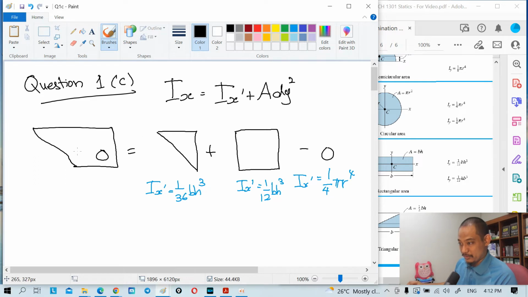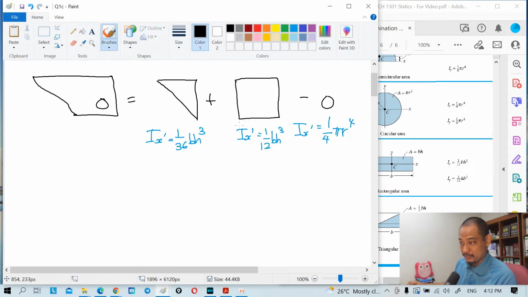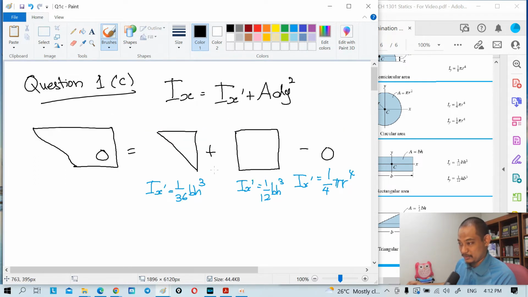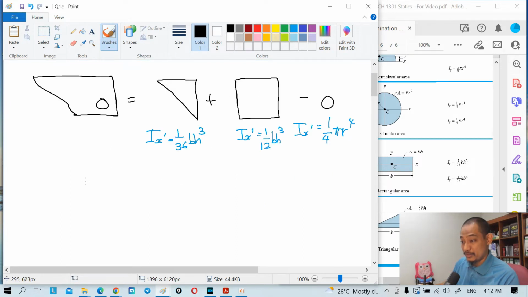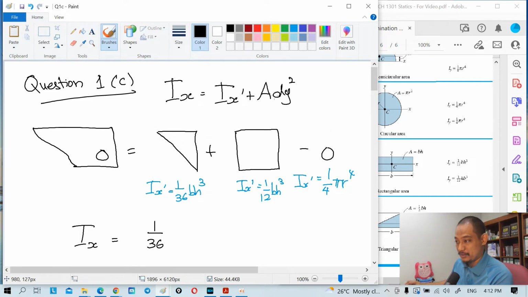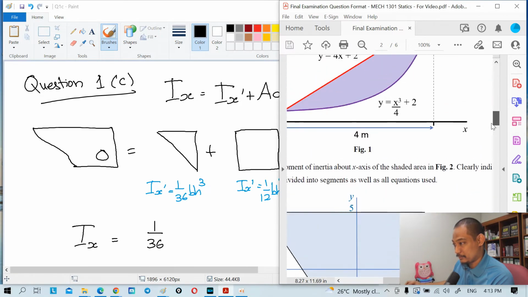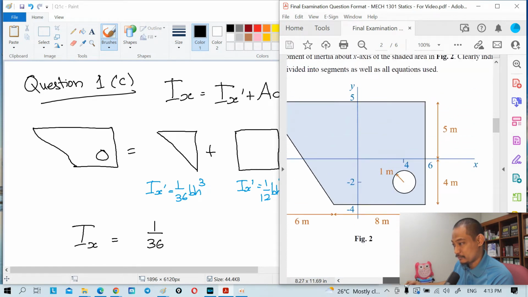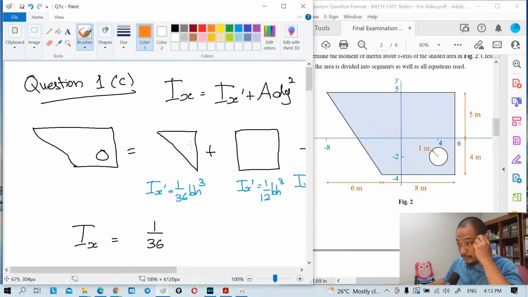Using the parallel axis theorem on top as well as this Ix prime, we can say Ix equals 1 over 36. Now we have to determine what is dy. We have to refer back to the question. Now the centroid is here, x prime.